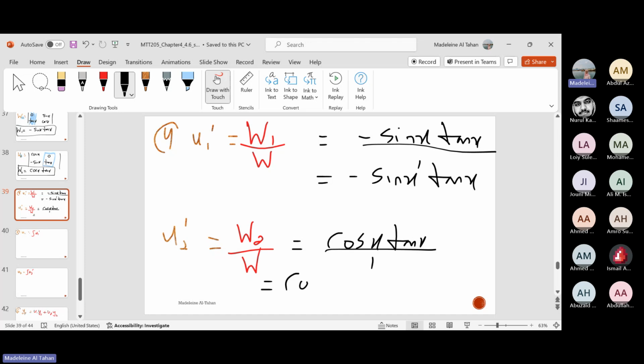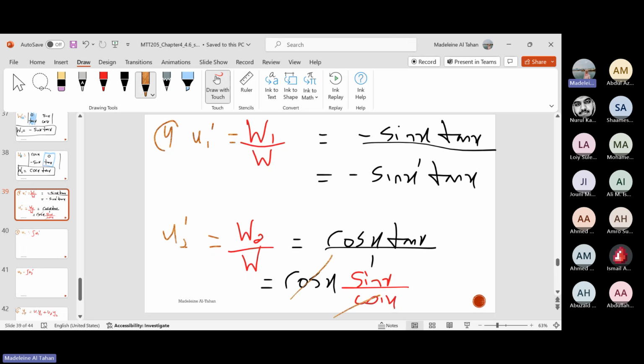Johnny is saying that let's write tangent x as sine x over cosine x and get rid of these cosine x provided that they are not 0. And we will get the answer as sine x. Any questions before we proceed, miss? No, doctor. Okay. Now we need to integrate.